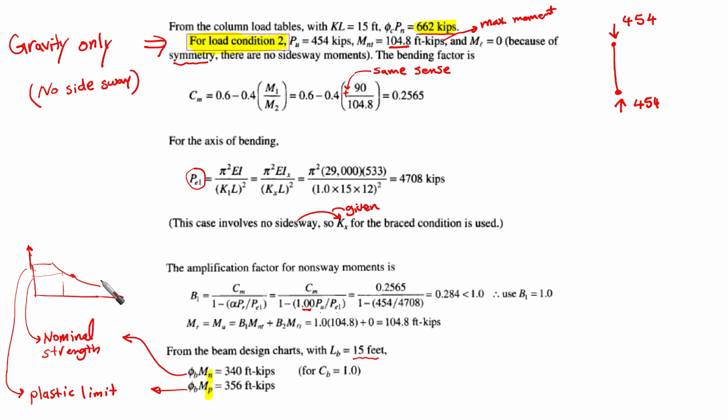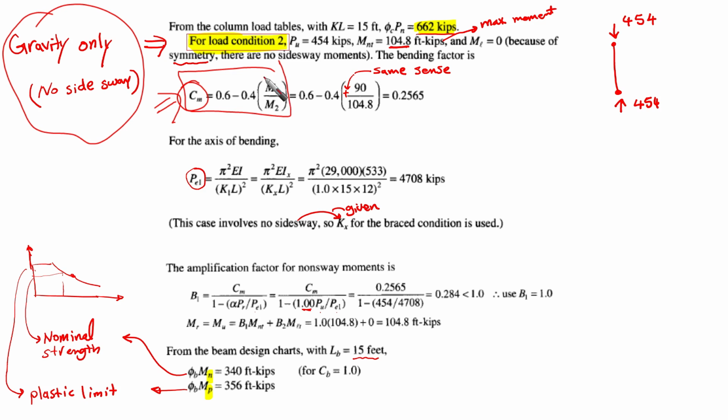For gravity loading, it is very easy for us now. It is no side sway. First of all, we want to check the Cm. The Cm takes into consideration the distribution of moment for the beam column. This is the equation given. We need to take care of M1 and M2, the sense of them, and the ratio.